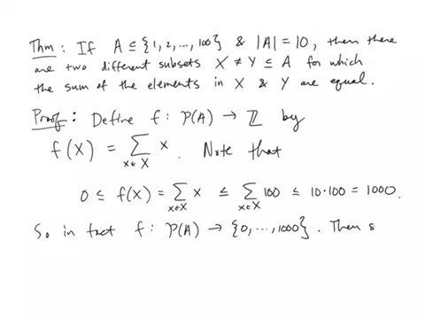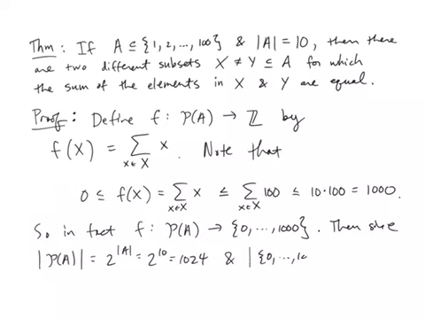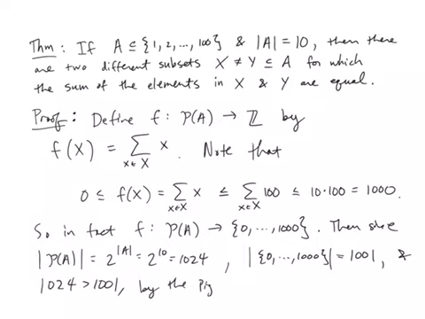Then since the cardinality of the power set of A equals 2 to the cardinality of A, which is 2 to the 10th, which is 1,024, and the cardinality of the set from 0 to 1,000 is 1,001, and the fact that 1,024 is bigger than 1,001, by the pigeonhole principle, f is not injective.